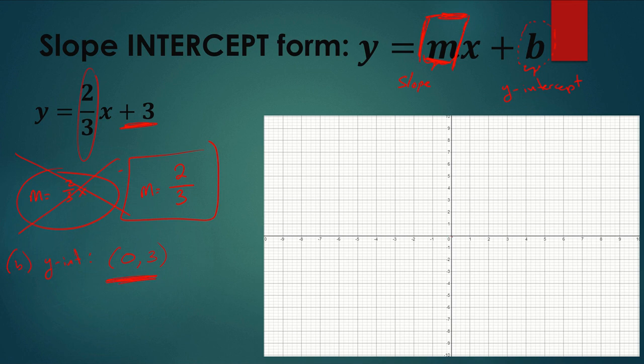Here's X value 0, here's 3. So I put my first point.